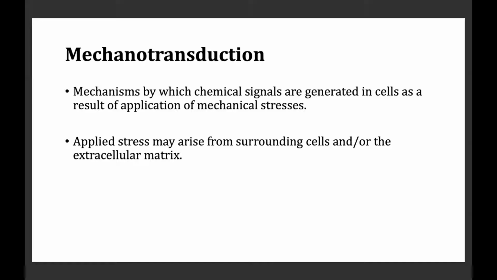After you apply this stress, it may actually come from surrounding cells, because cells are attached to one another, and they may also interact with the extracellular matrix, which is the environment that surrounds each cell. So when you apply a force to a cell, you want to examine the chemical changes in those cells. That is what we refer to as mechanotransduction. Next slide, please.